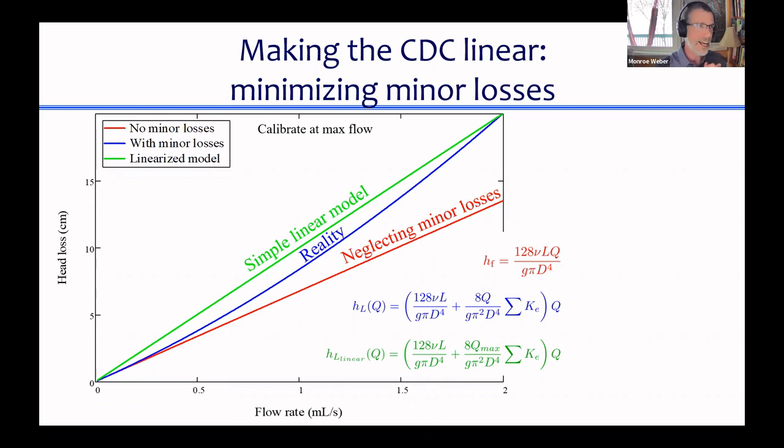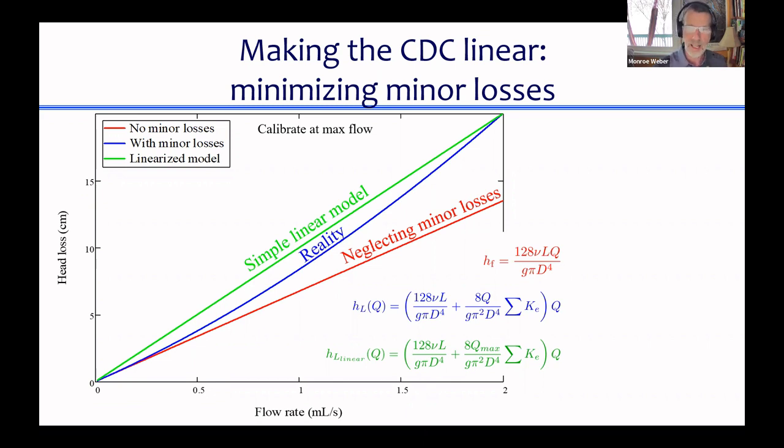The red line is the dream world. The red line is what would happen if there were no minor losses, and we just had the beautiful Hagen-Poiseuille, laminar flow in a long straight tube. That's beautiful. But that's not what's actually happening. So the reality is the blue line.